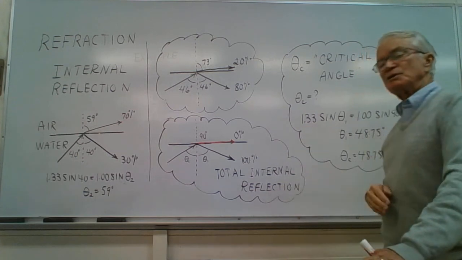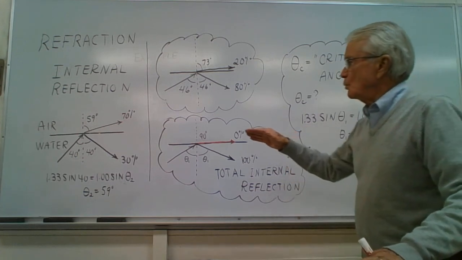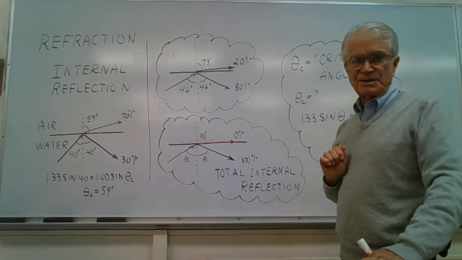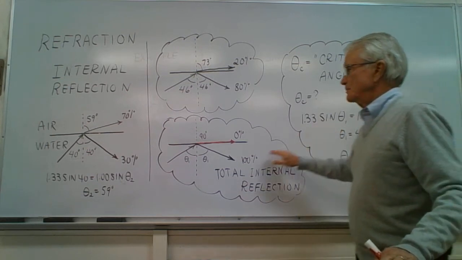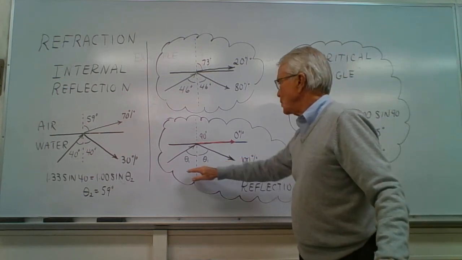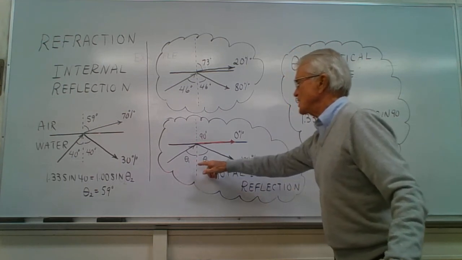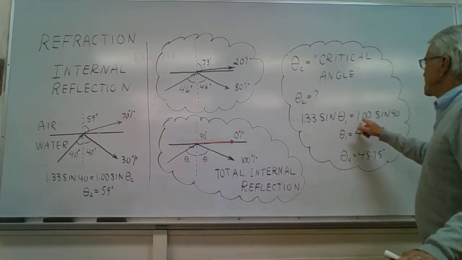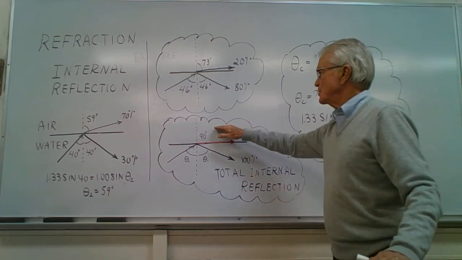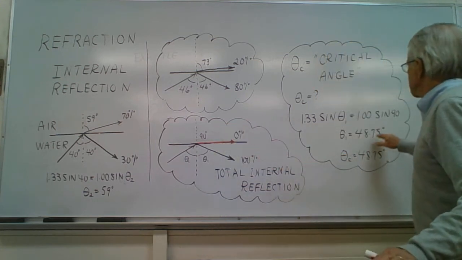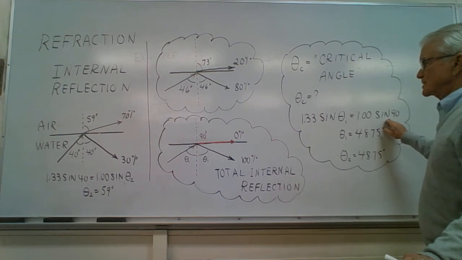What is the critical angle in the case of the water-air interface? Well, Snell's law has us a 1.33 for the water below times the sine of the unknown theta 1 equals 1.00 for the index in air above times the sine of 90 degrees.